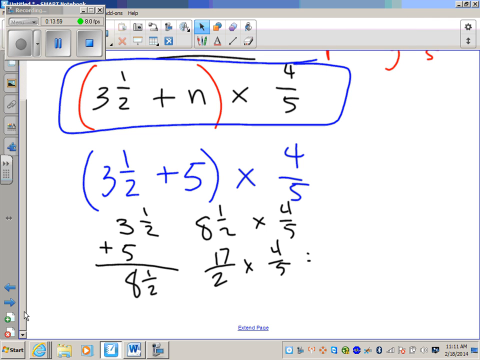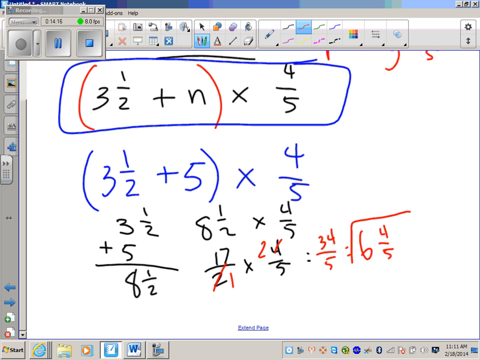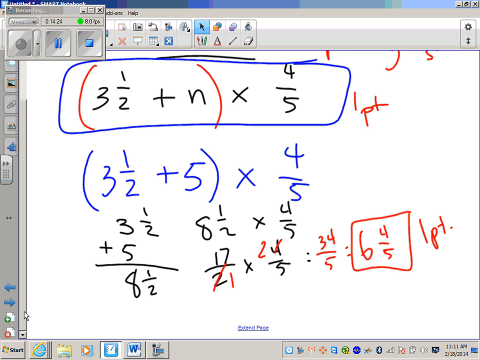And then we look diagonally, Carlos, and we say 4 and 2 both have 2 in common. There's 1 there and 2 there. 34 over 5. How many times does 5 go into 34? 6 with 4 left. 6 and 4/5. So a point for the expression and a point for your final answer.